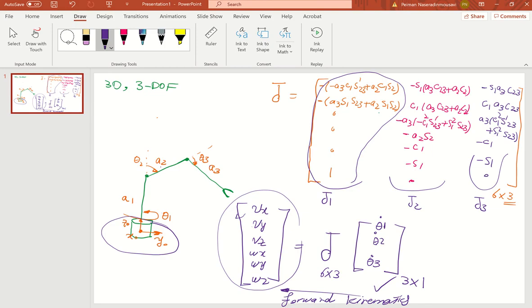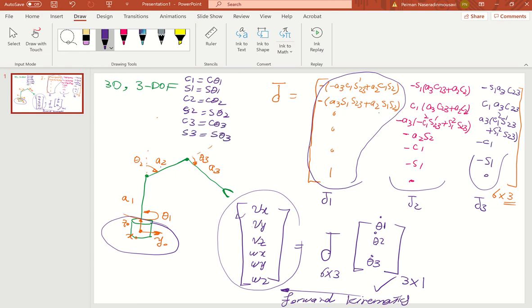So again, remember that when I say cosine 1 it means cosine of theta 1. When I say sine 1 it is sine theta 1. Cosine 2 means cosine theta 2, sine 2 means sine theta 2. Cosine 3 means cosine theta 3, and sine 3 means sine theta 3.